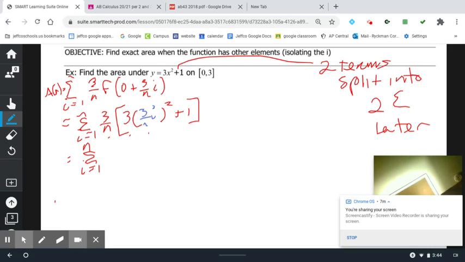So I'd get 4 3s, that's 81 n cubed times i squared. And then I would just get a 3 over n, right?